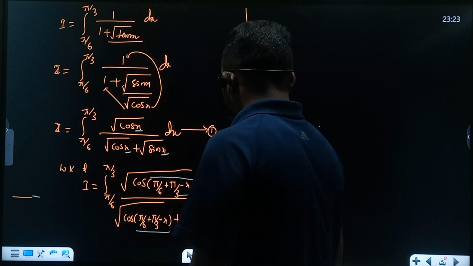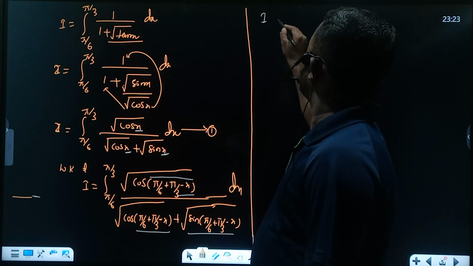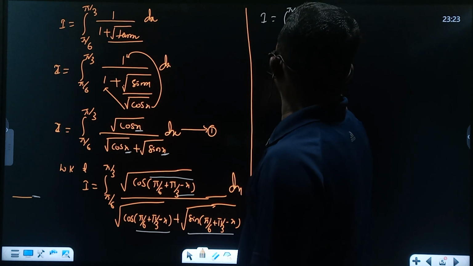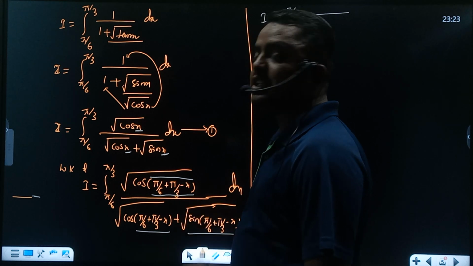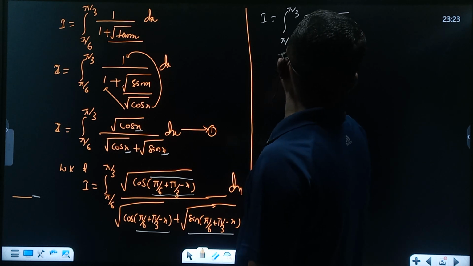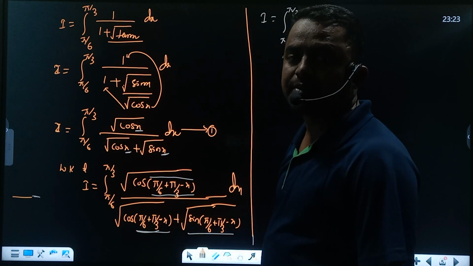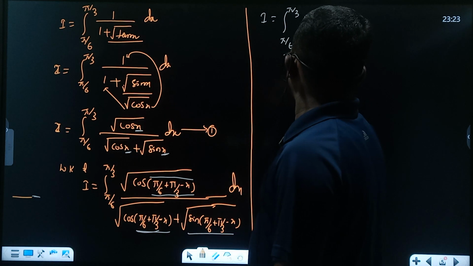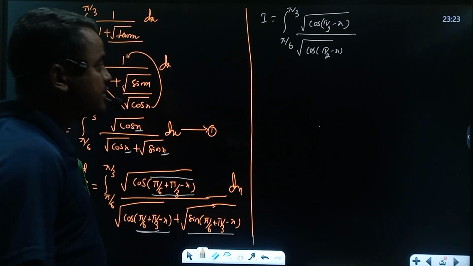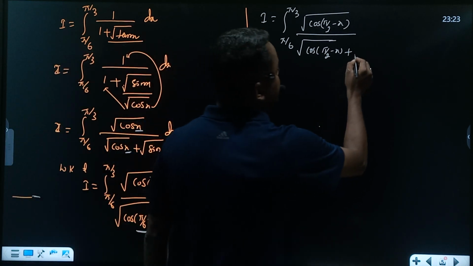The next step: I is equal to the integration from 5 by 6 to 5 by 3 of root of cos of (5 by 2 minus x) divided by root of cos of (5 by 2 minus x) plus root of sine of (5 by 2 minus x) dx, since 5 by 6 plus 5 by 3 is 5 by 2.